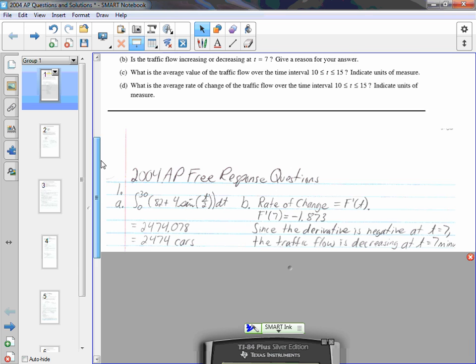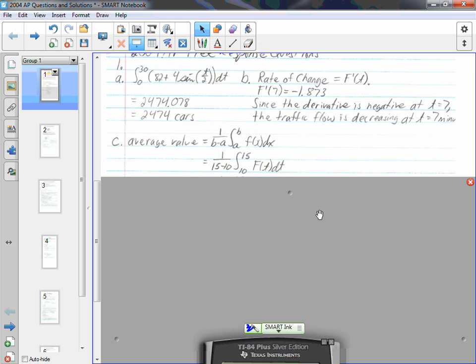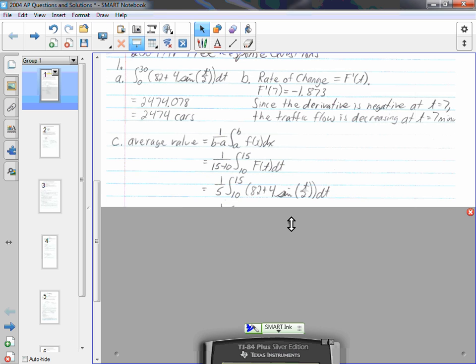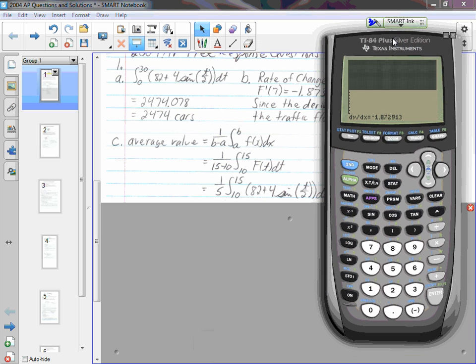So here's how we set this one up. Average value will be 1 over 15 minus 10 times the integral from 10 to 15 of capital F of t dt. Can we do this on our calculator? Yes, do it on your calculator. You've already got the function entered.